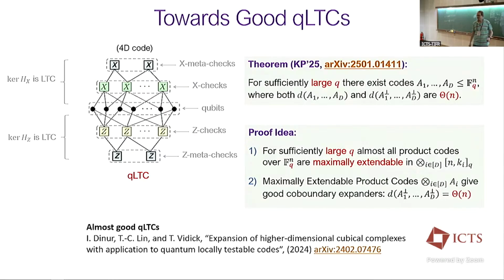Okay, and sorry? How large is Q? It's the logarithm. So it's quite a large field, but it should be large enough. At least, as far as I remember, the length of the code, maybe multiplied by some constant.